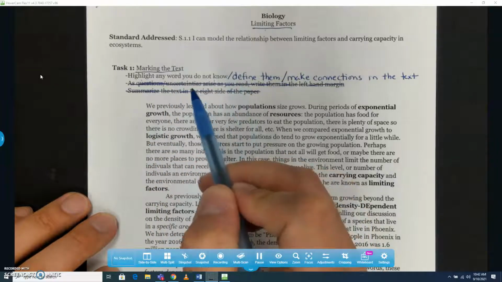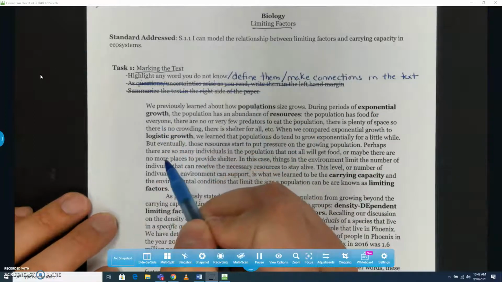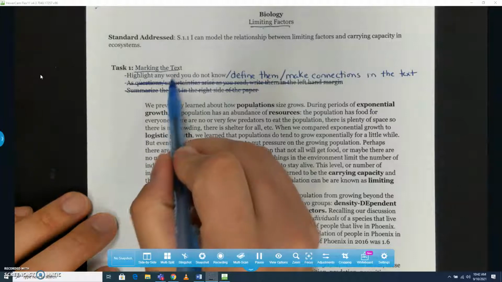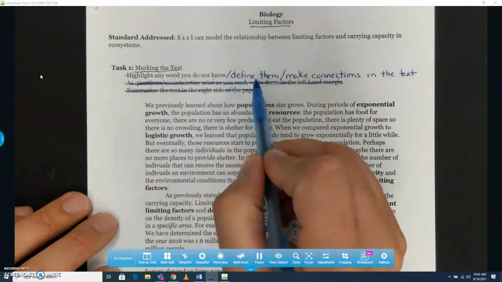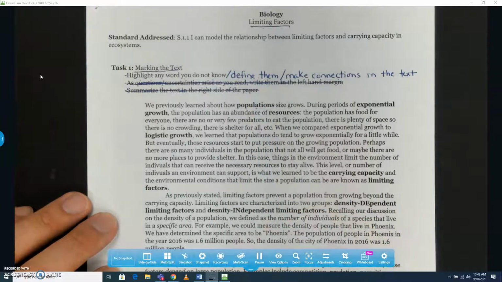The words may be some of these bolded ones, which are vocab words tied directly to what we're learning, or they might be some of the ones that are not bolded, that are just general words that we may not know. So we're going to look to locate those words and also at the same time try to define them within the reading itself.